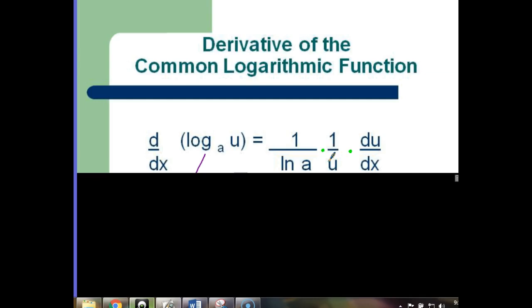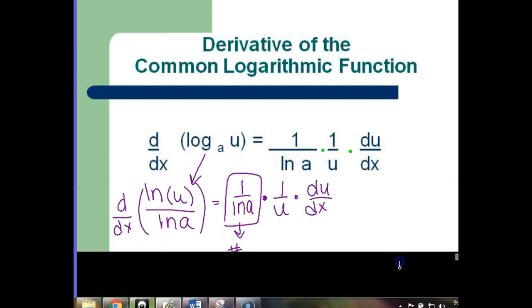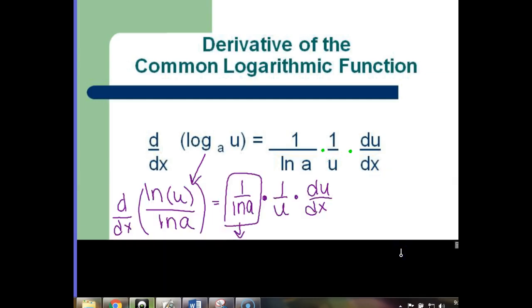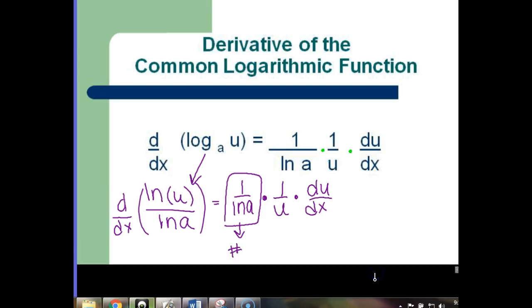That is where this derivative came from: change of base, taking its derivative. And that's what I show here. If you derived it, you end up with this derivative here because change of base creates ln u and natural log of a. So if you get stuck and you forget the log derivative, you can change of base it and take the derivative of a natural log, which you definitely will never forget because we do too many of them. And again, the idea is that this is plus 0 because the natural log of a is just a number.